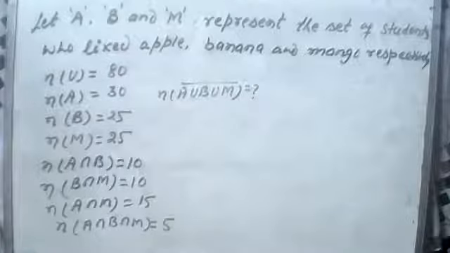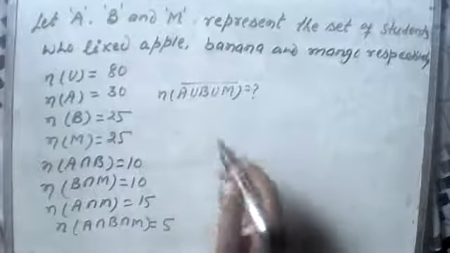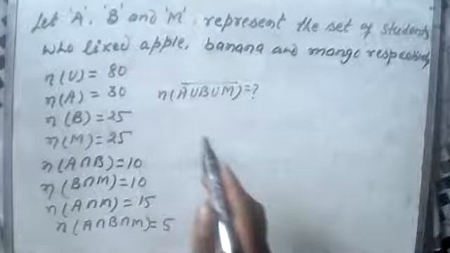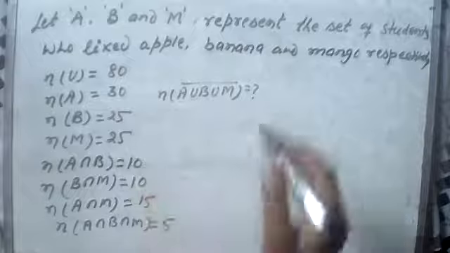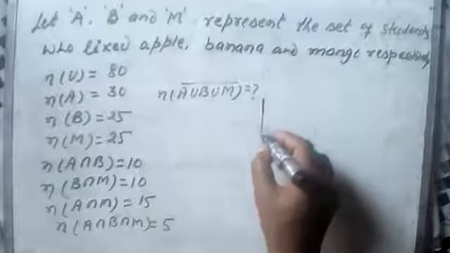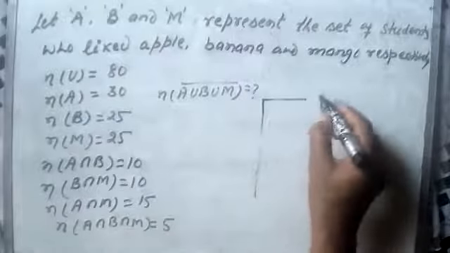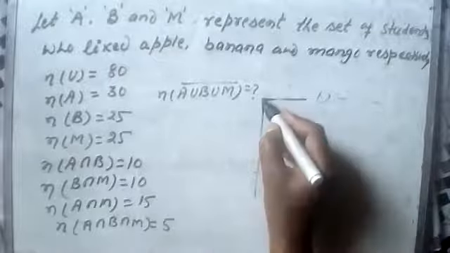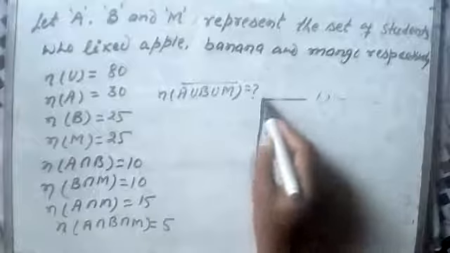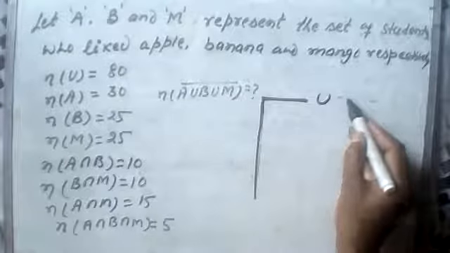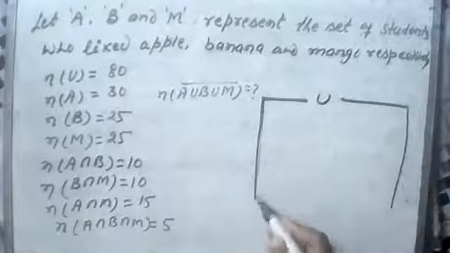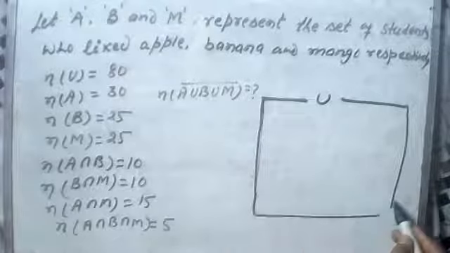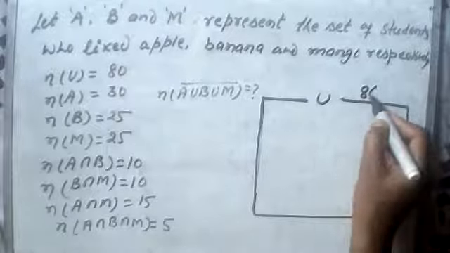In this case, we will use formula rather than using Venn diagram. So first we need to draw the sets, the given information. Total number of students in the survey is 80.